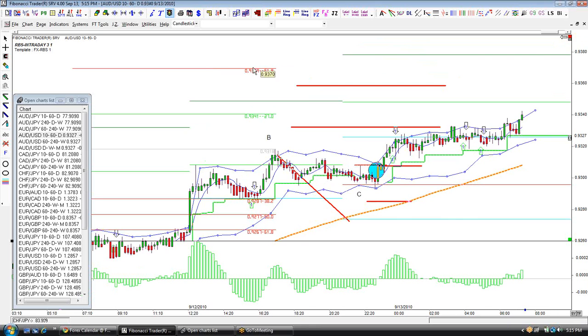If there is convergence of a fib level with a pivot line, this is giving us an even better indication. Sometimes if the pivot level is lower but very close to a fib level, we'll be using the pivot level as our level to limit.